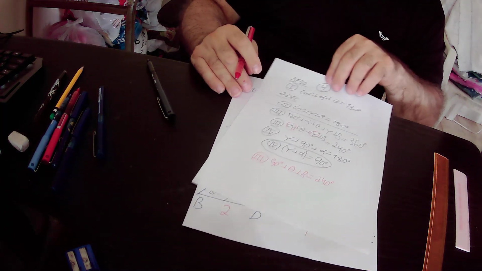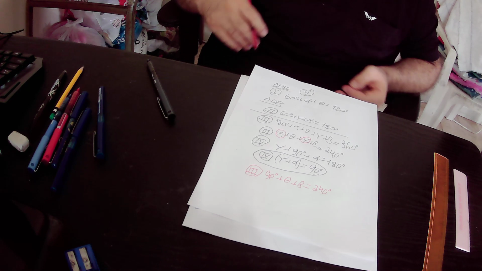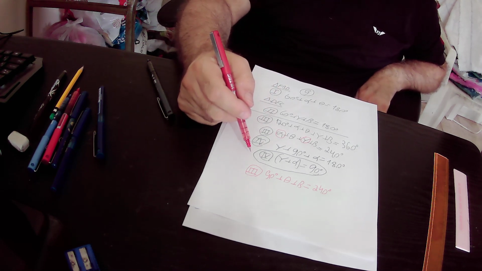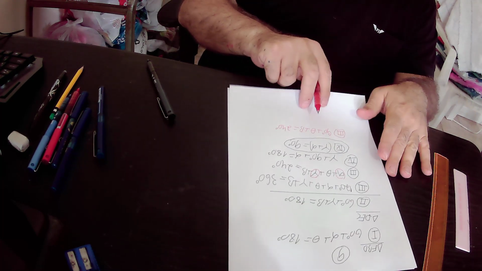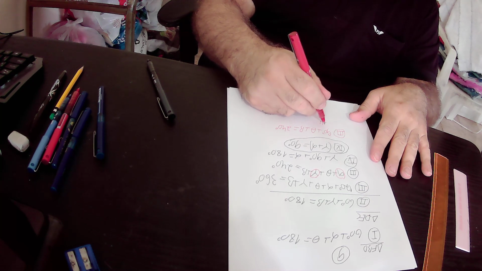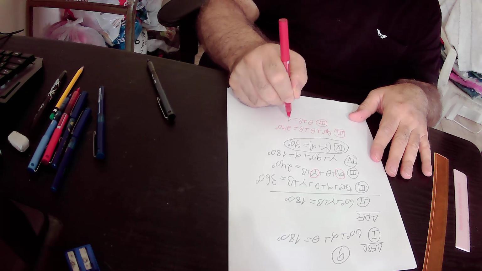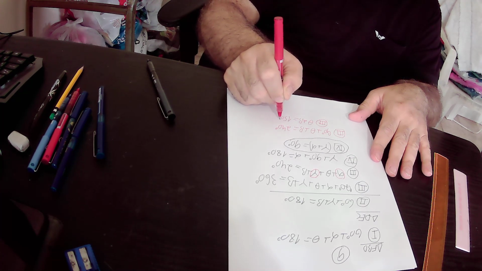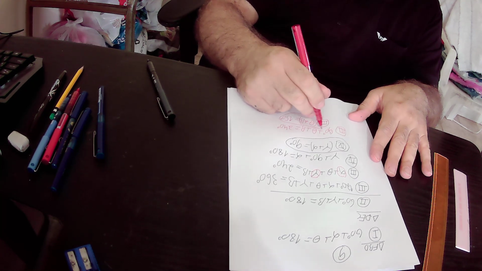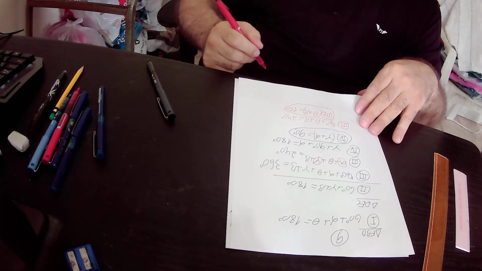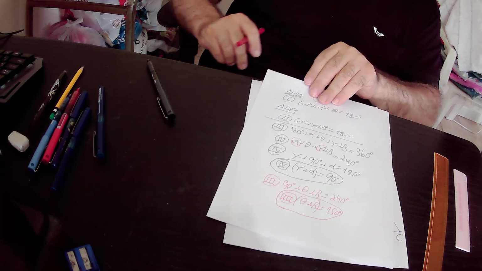According to equation number 3, 90 degrees plus theta plus beta equals 240 degrees. Here we will subtract 90 degrees from equation number 3 and we will get that theta plus beta equals 150 degrees.